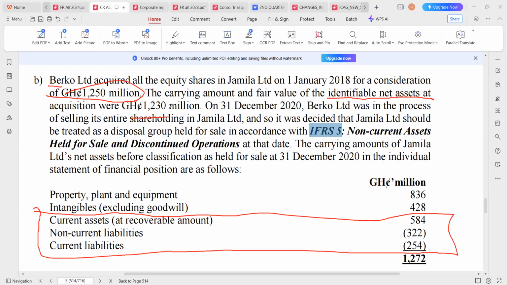If you hear consideration and net assets of the subsidiary, what comes to mind? Goodwill. So immediately do the goodwill calculation, 1 mark free of charge. So who can calculate the goodwill for me? What's the goodwill here?